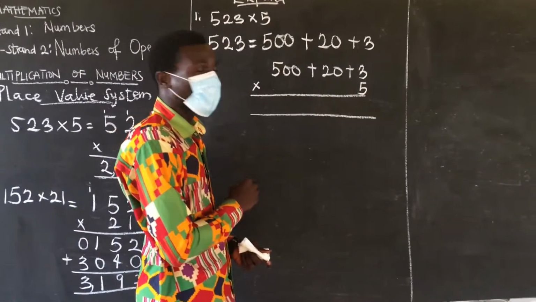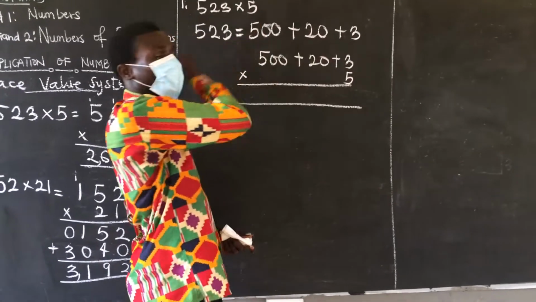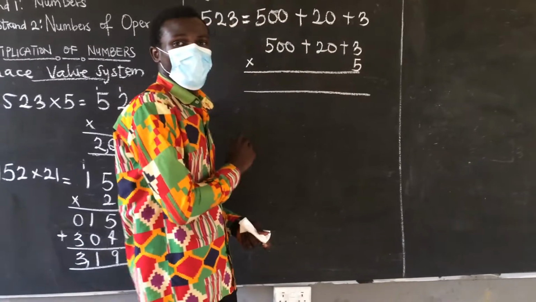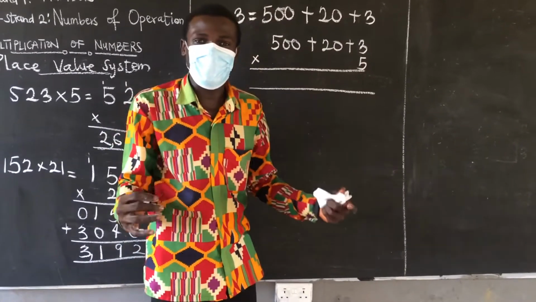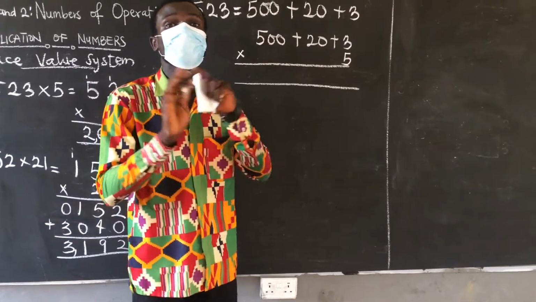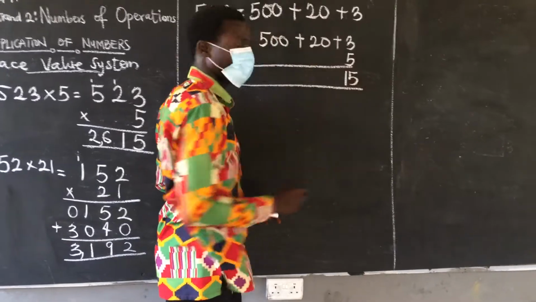Now let us multiply 5 by this, 5 by that, 5 by this. So 5 times 3 will give me 15. Because 5 times 3 will give me 15, I'll record all the 15. So 1, 5.